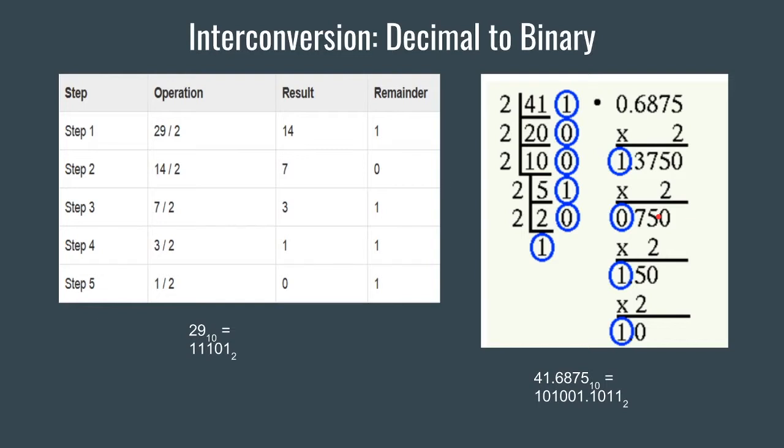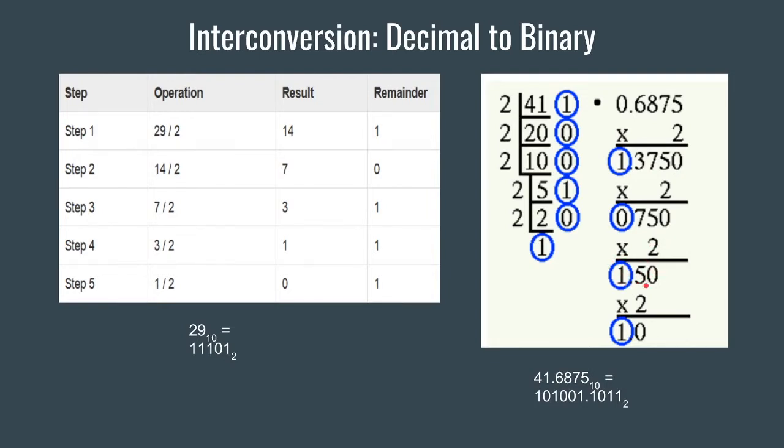We get this 5 over here, 1 is carried. 2 into 3 is 6, 6 plus 1, 7. So we get a 7. So basically the number is 0.750. Upon multiplying 0.3750 by 2, we get 0.750. Now we multiply 0.750 by 2 and we get 1.50.